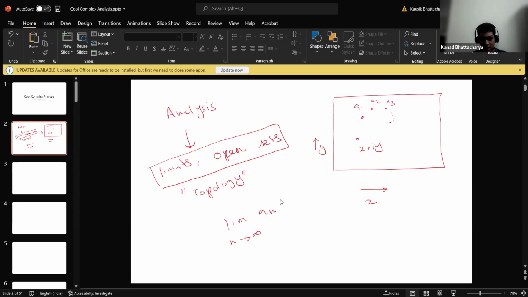What does this mean? Many of you would probably know this. So we define the limit in the following way. First, we take the point L, which we call the limit point, and we draw a circle of a given radius, let's say epsilon.